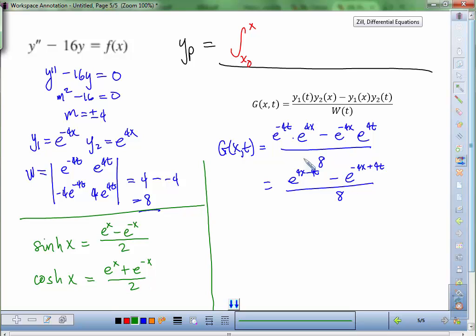So in seeing Green's function that we came up with, it makes me think of the hyperbolic functions, right? If we just tweak the power a little bit, where you have 4x minus 4t for the first one, and then the opposite of that, then we can treat this as a sinh function.